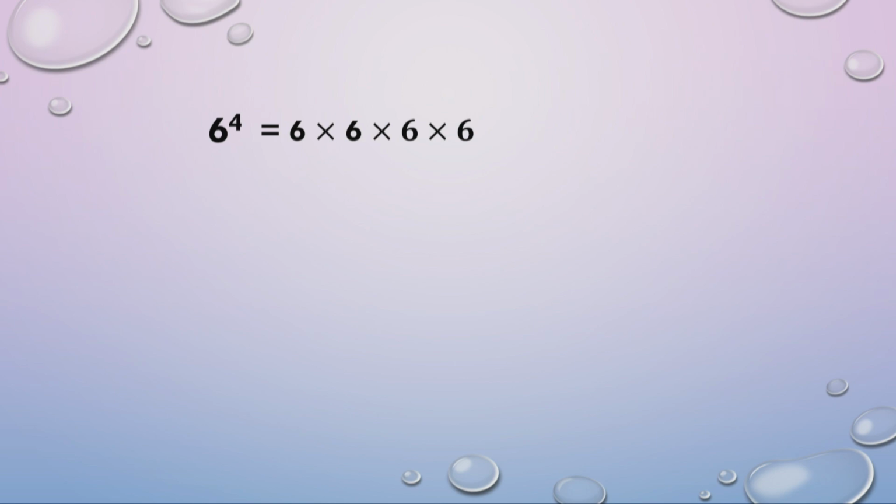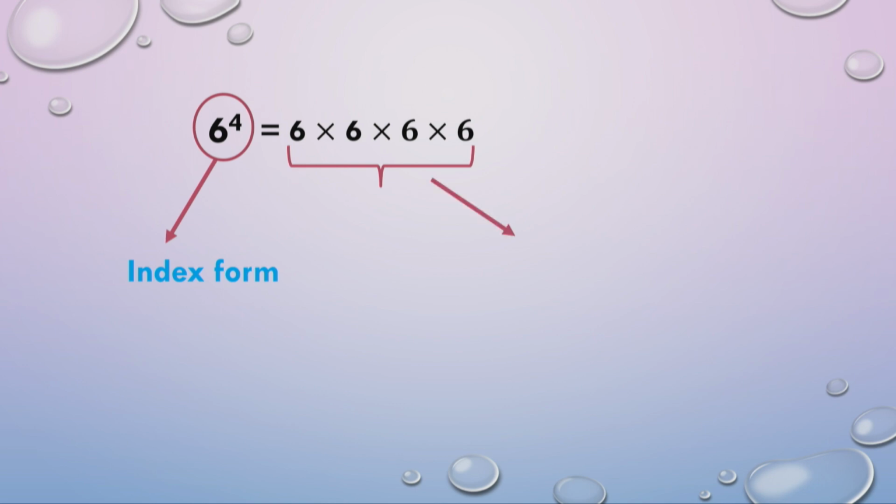So 6 to the power of 4 will mean 6 times 6 times 6 times 6. In other words, we multiply by 6 4 times. This is 6 to the power of 4 and we call it the index form. The 6 times 6 times 6 times 6 is called the expanded form.